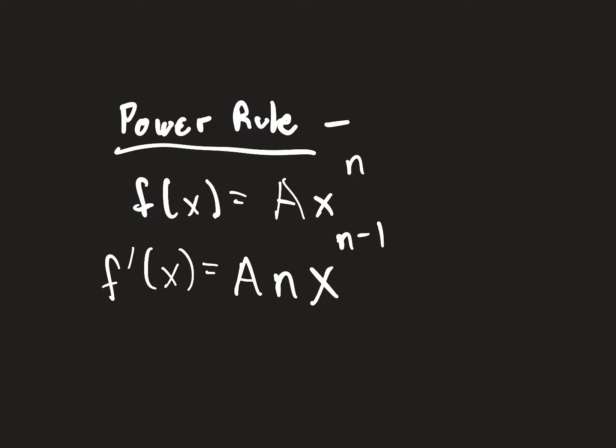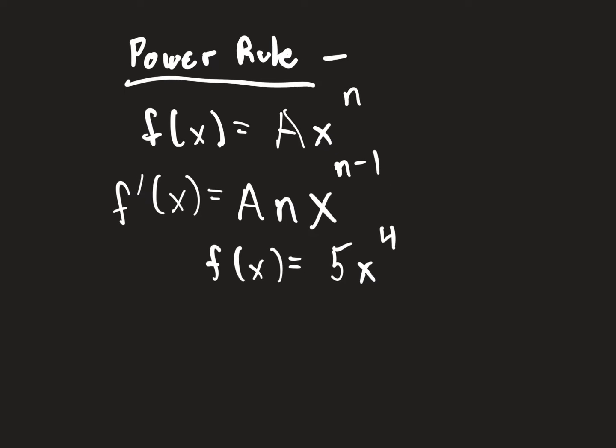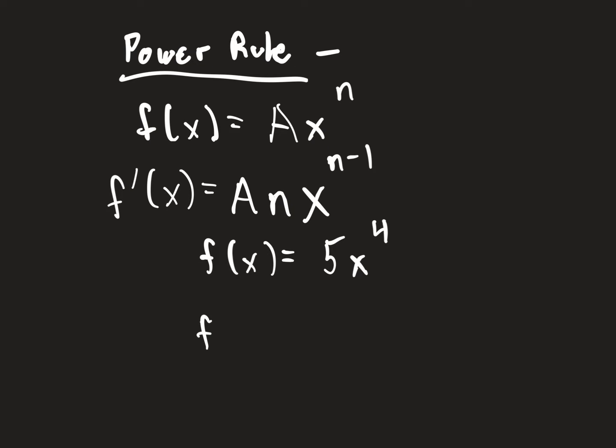And you can use that formula for anything raised to a power. So if I have the function f of x equals 5 times x to the 4th, let's follow this really, really general classification scheme. First, I write down a. In this problem, 5x to the 4th, what is a? 5. So I take 5.